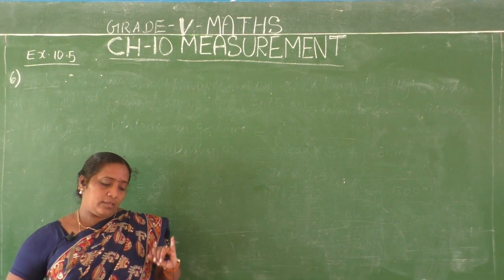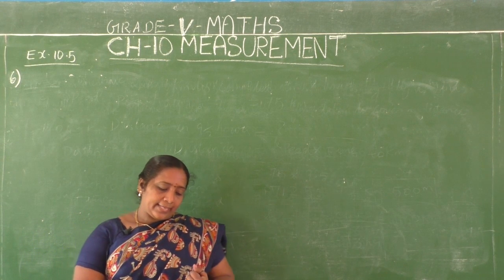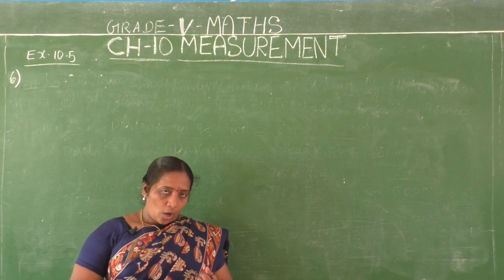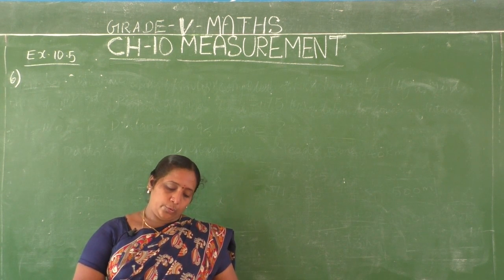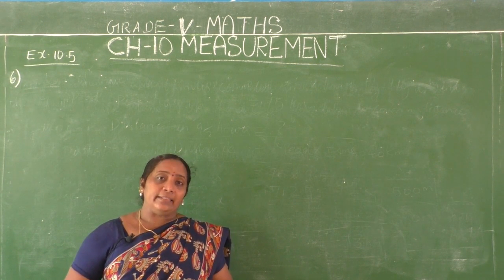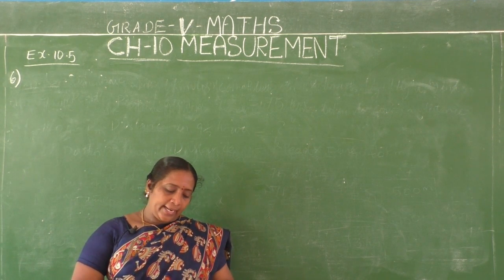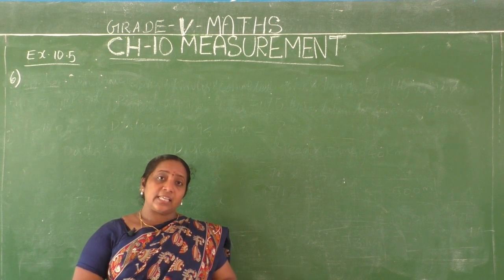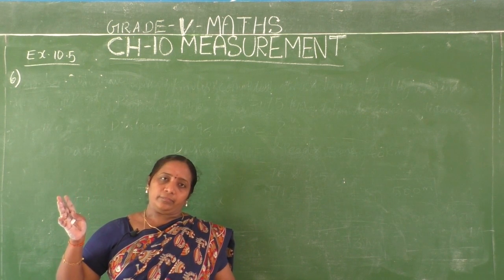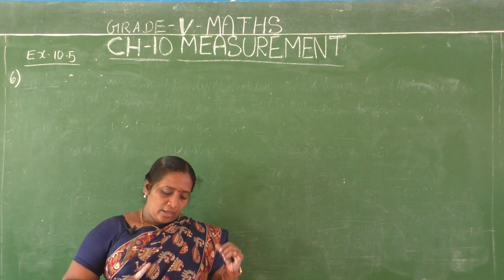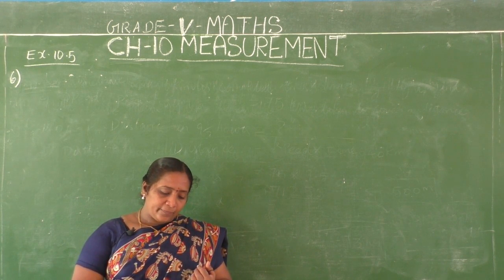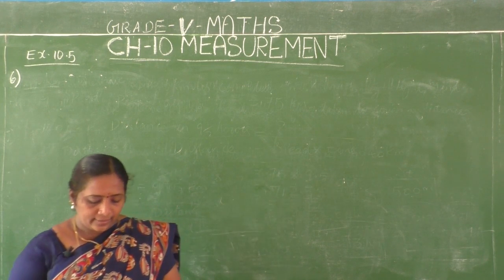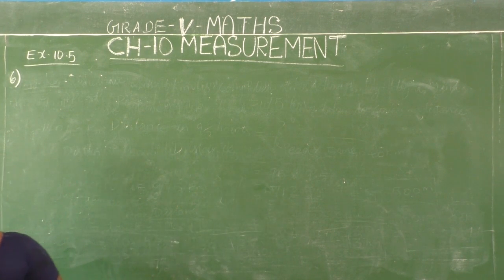So here in one question, we have to find the distance. Then the second one, also find the speed if he covers the same distance in 10 hours. So first we are going to find the distance, second we are going to find the speed. Okay. Listen. Solution.